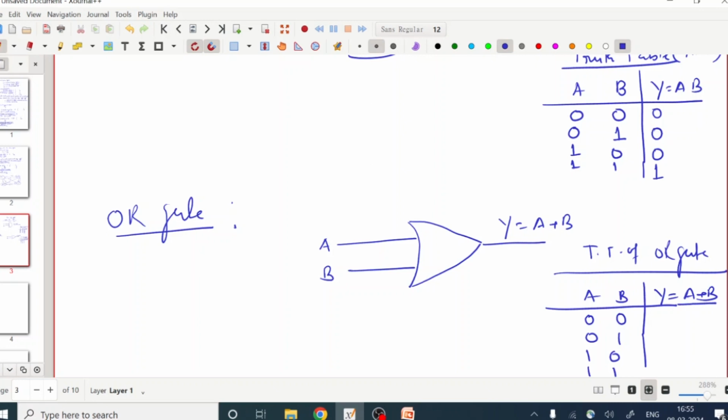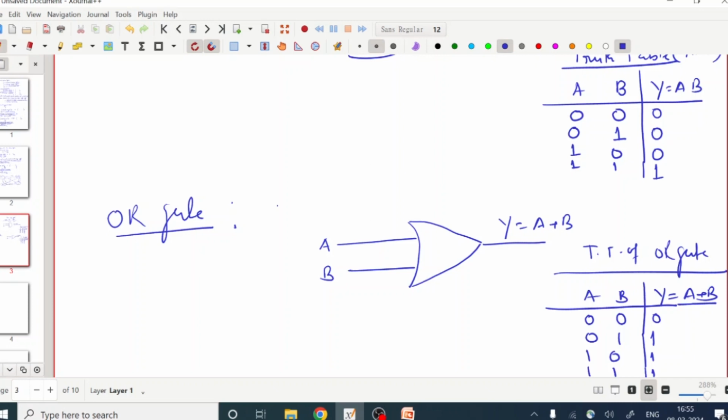What are the possible outputs? When the inputs are 0 0, both are low, so the output is also low. When one of the inputs is high, the output is high: 0 1 gives 1, 1 0 gives 1, 1 1 gives 1. So the output is low only when all the inputs are low, and when at least one of the inputs is high, the output is high.